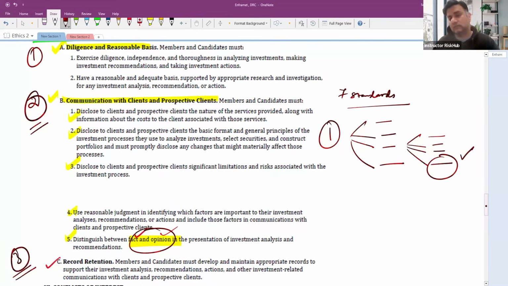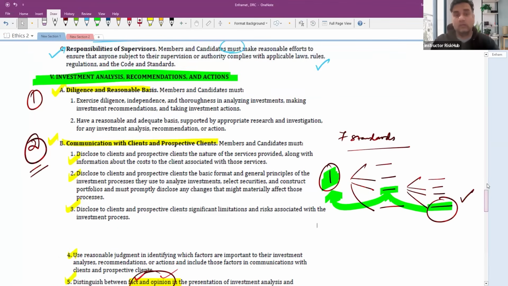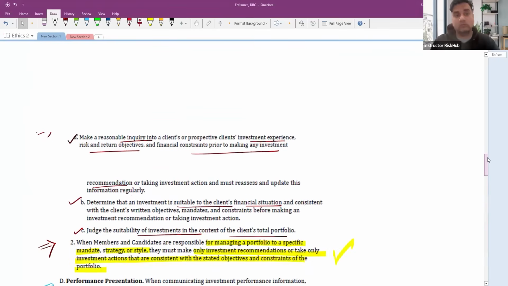Your mapping should be correct, that this particular thing maps to this, and this maps to this. The mapping should be clear. That's why it's tricky here, and that's why ethics becomes so difficult to solve. Unless you remember things fair and square, you cannot solve it.